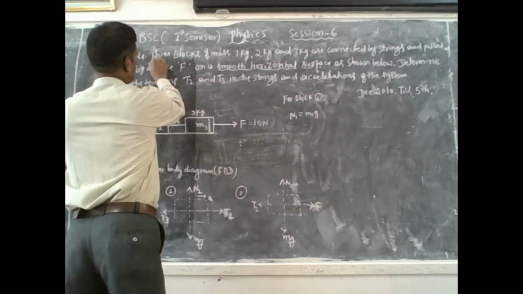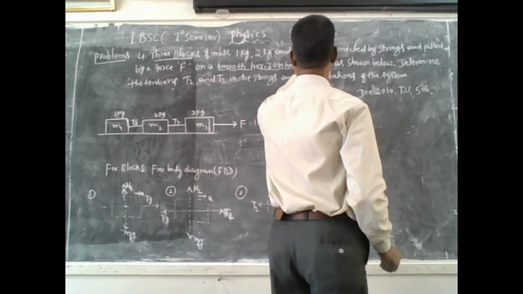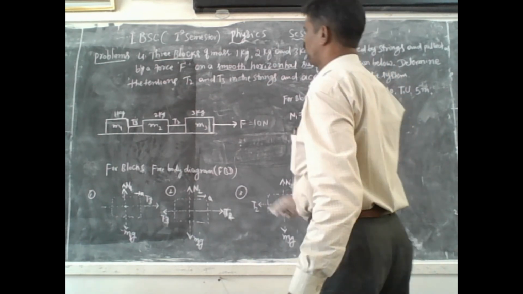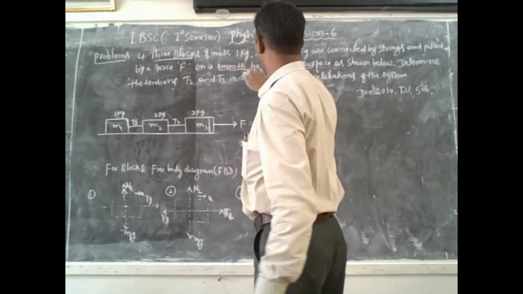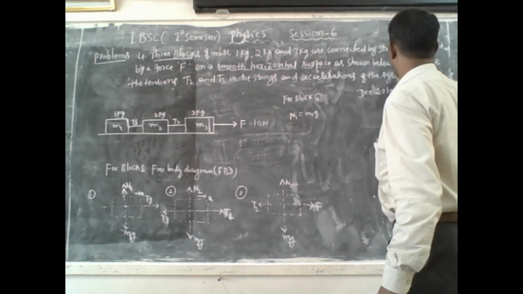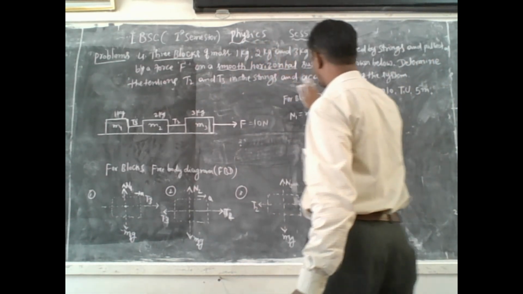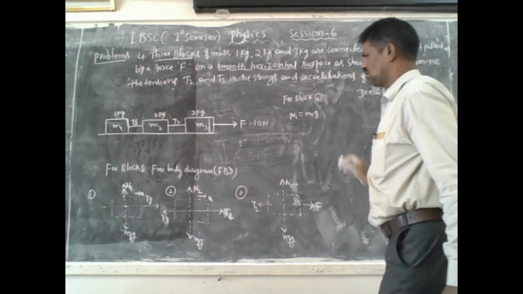Three blocks of mass 1 kg, 2 kg and 3 kg are connected by strings and pulled by a force F on a smooth horizontal surface as shown below. Determine the tensions T2 and T3 in the strings and the acceleration of the system. So this is the question.